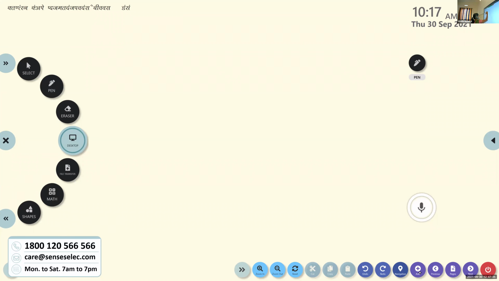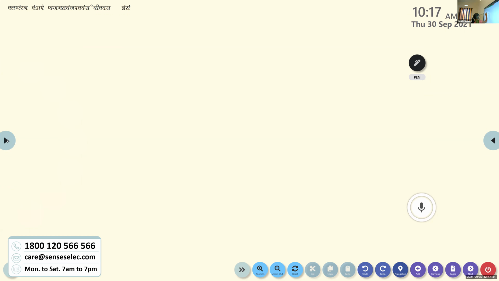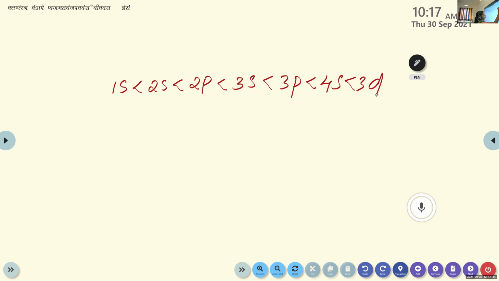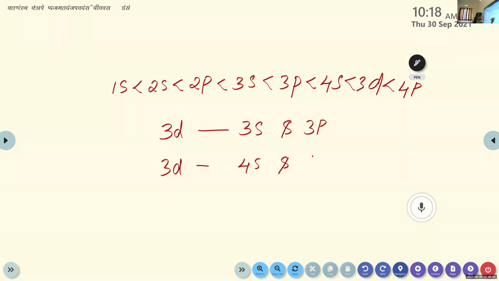So we know the increasing order of the atomic orbitals, starting from 1s, 2s, 2p, 3s, 3p, then 4s, 3d, 4p, like that, right? I told you in the last class, we can compare the energy of the 3d orbital with 3s and 3p, again with 4s and 4p.